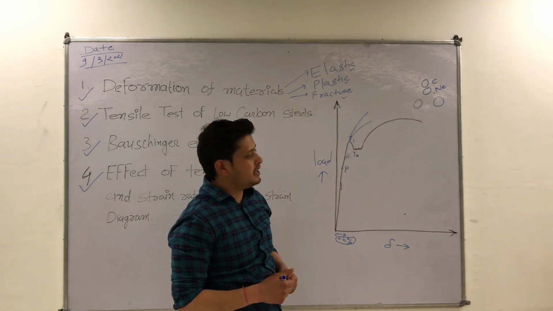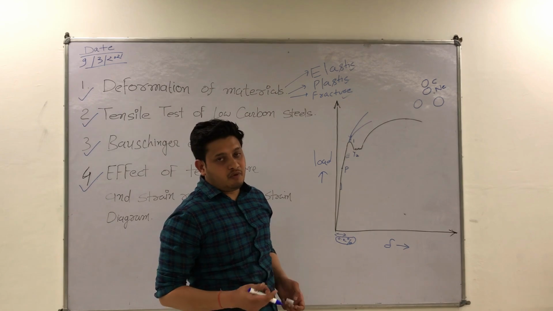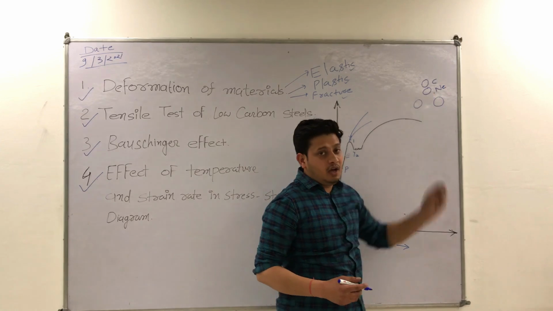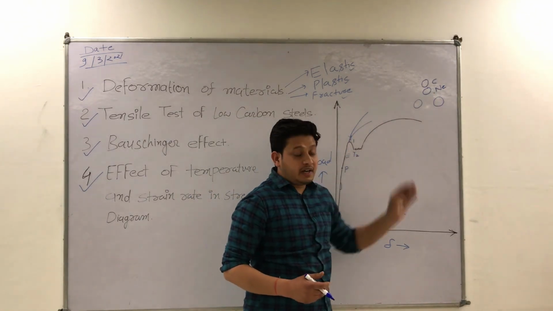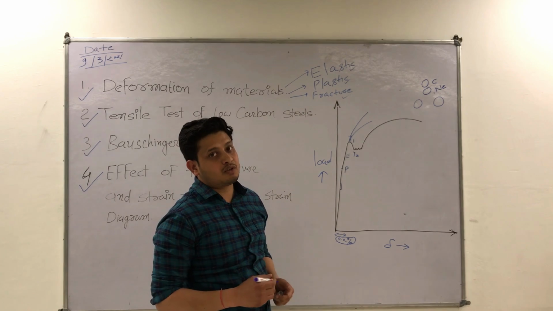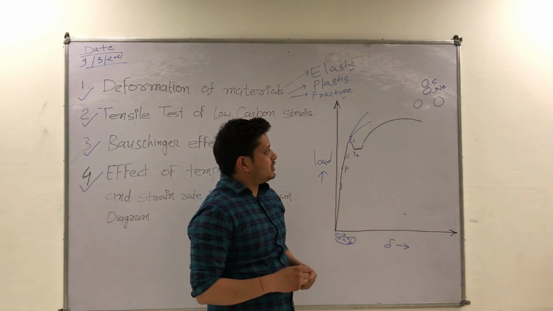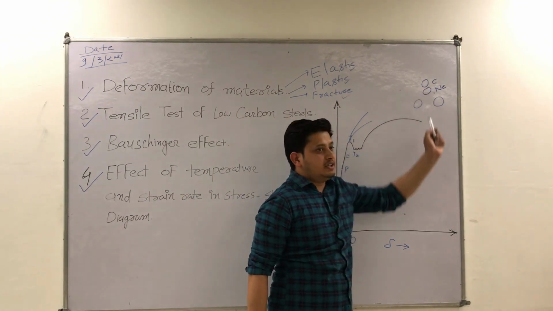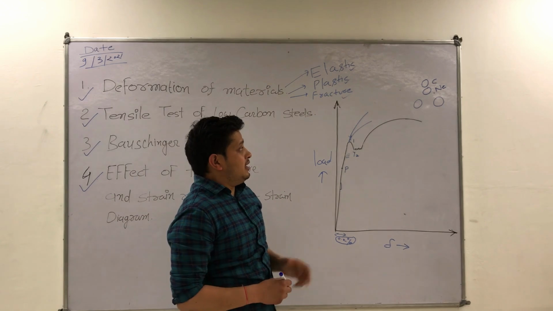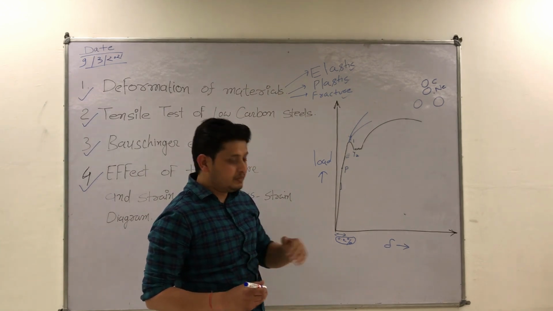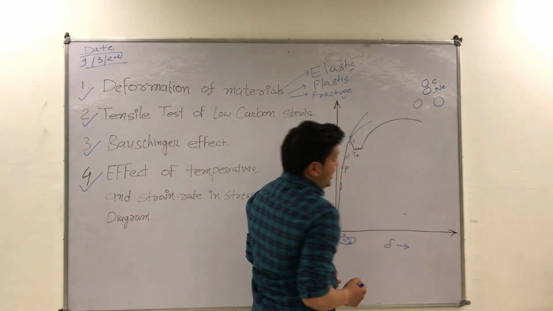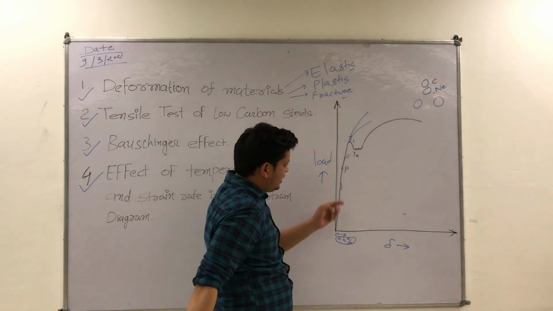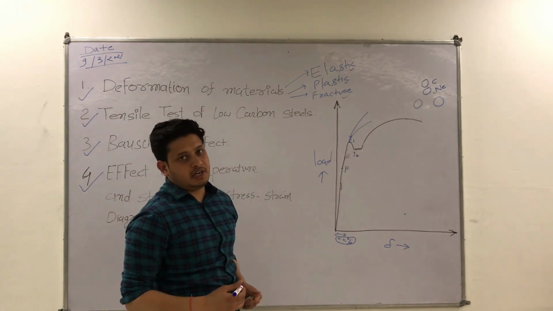When the material is deformed with the help of an external load, these carbon and nitrogen atoms come to the dislocations and form an atmosphere known as the Cottrell atmosphere. During deformation of the material, these carbon and nitrogen atoms act as a barrier and do not allow the dislocations to move, so a higher load is required to deform the material, and the upper yield point is generated.